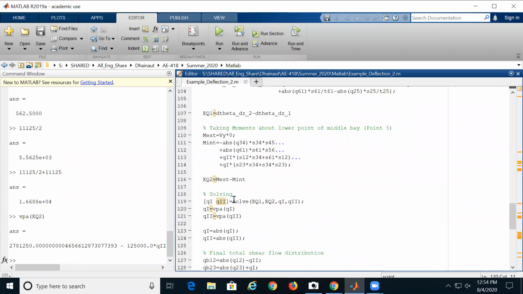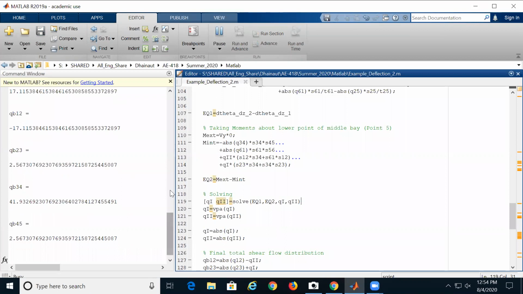So I use this in MATLAB, this command here, solve. So let's see. I mean, I'm going to give you this code, but it's up to you to check it.